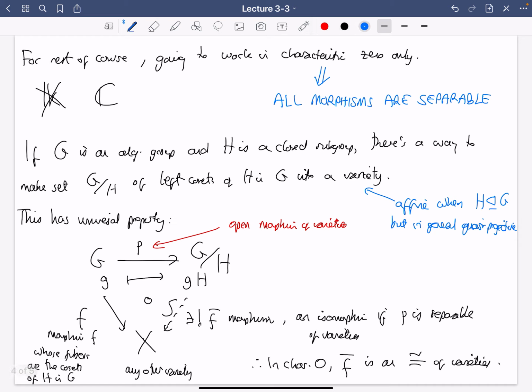Should mention one more thing about this construction of this coset space.